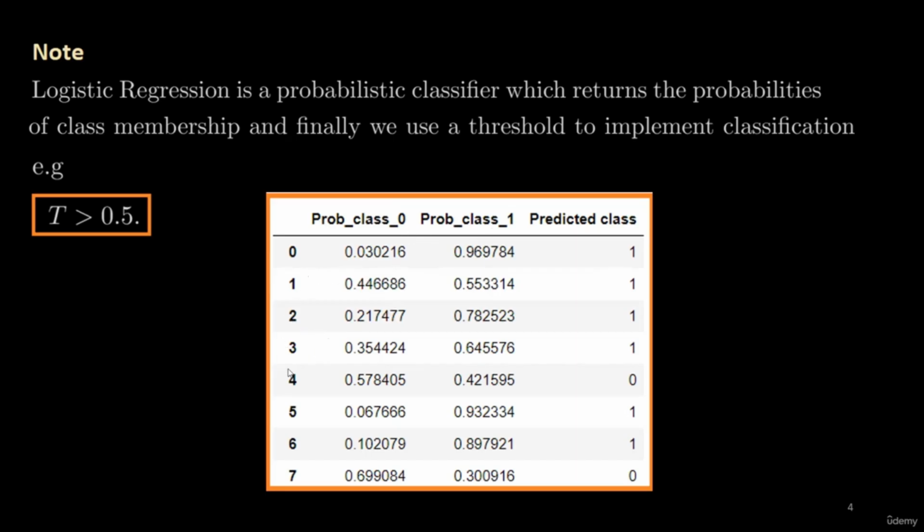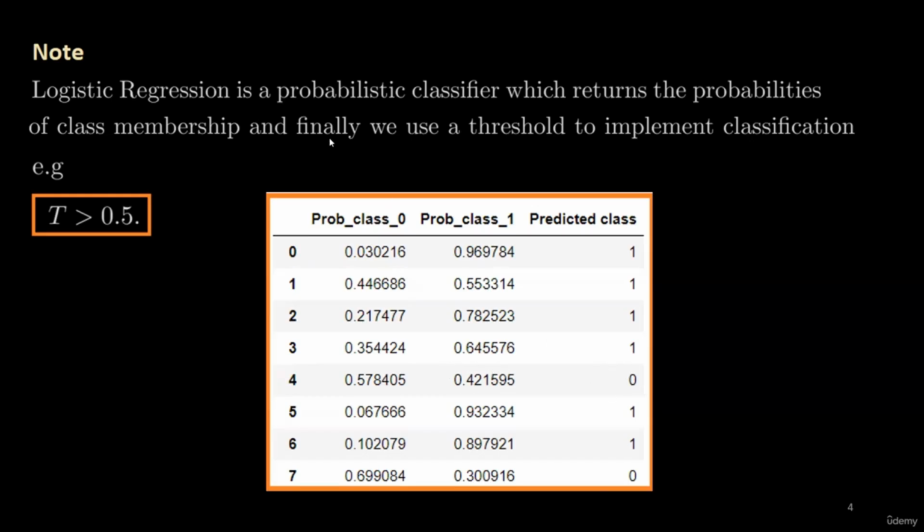If I look at sample number 5, whose index is 4, this sample has around a 58% chance that it belongs to class 0 and a 42% chance that it belongs to class 1. Since the probability of class 0 is high compared to class 1, the predicted class is 0.